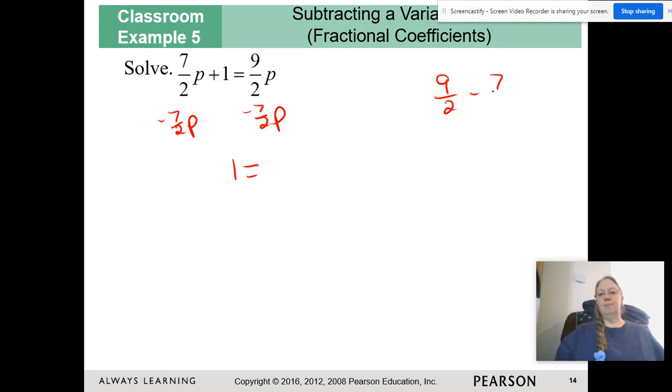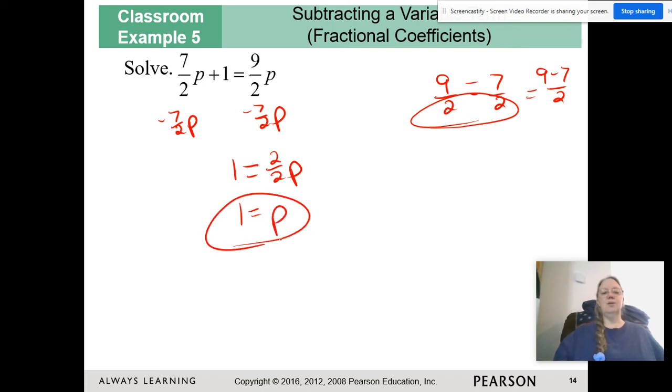Just as a reminder, as long as the denominator is the same and we subtract, we're going to end up subtracting the numerators and keeping the denominator the same. So 2 divided by 2, which is 1. So final answer, P is equal to 1.